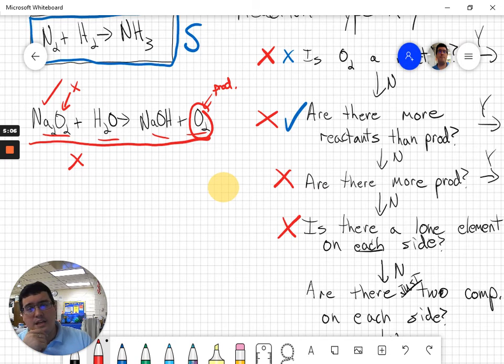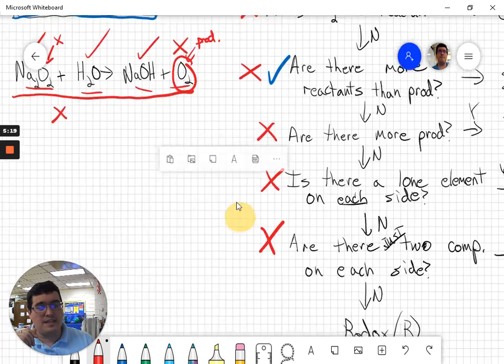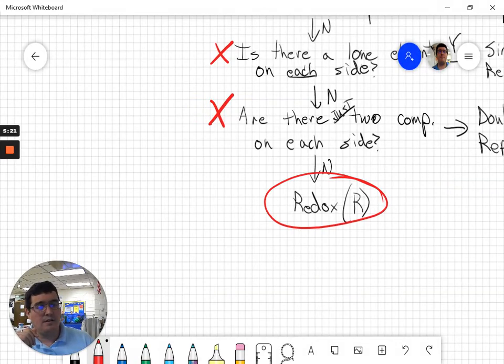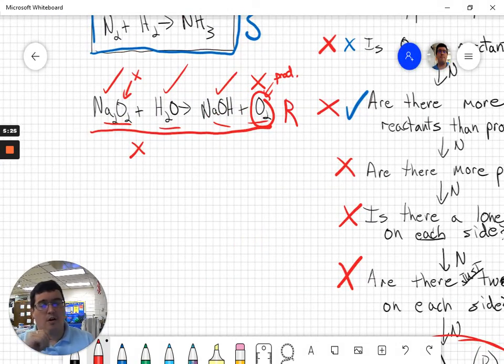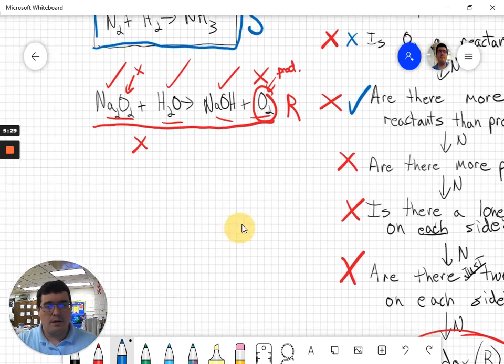Well, we've got a compound here and a compound here. But over on the right-hand side, there's a compound and then an element all by itself. That is not correct. So this is not the double replacement. This one must be a redox reaction, R. This one is R.